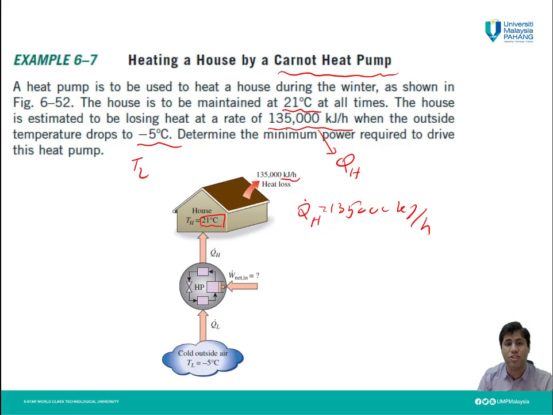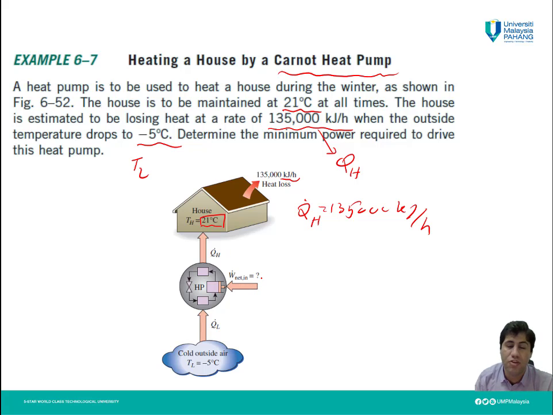So Q dot H needs to be equal to 135,000 kilojoule per hour. Then what we are interested to find is W dot net in.